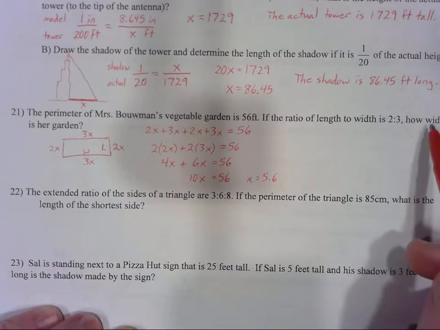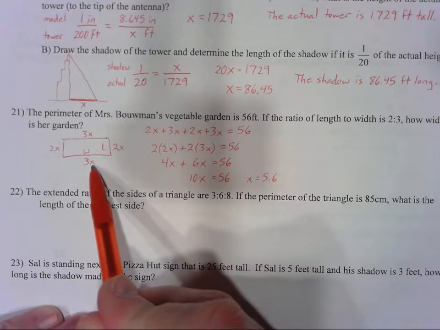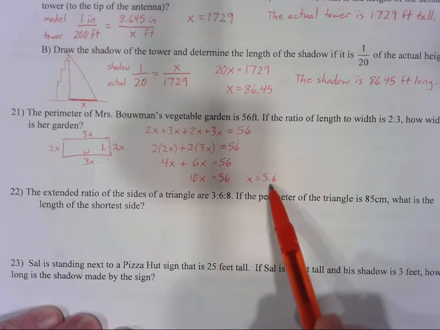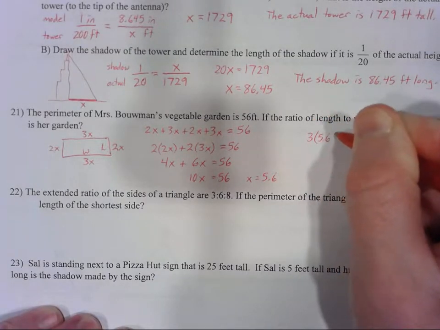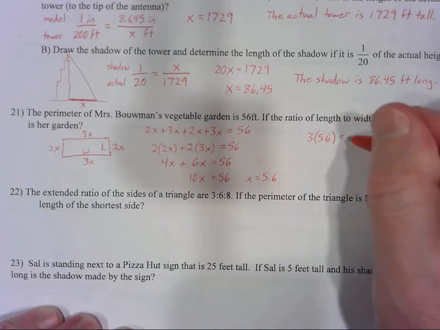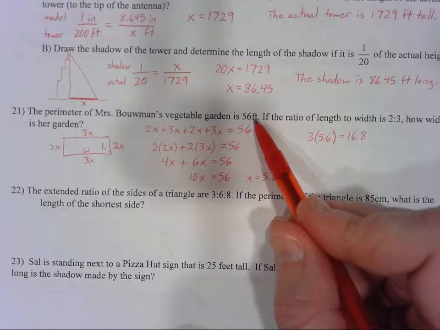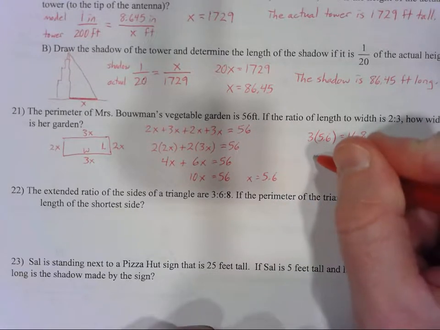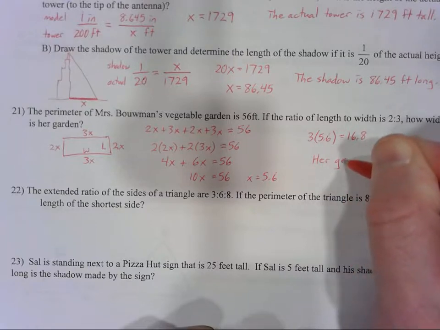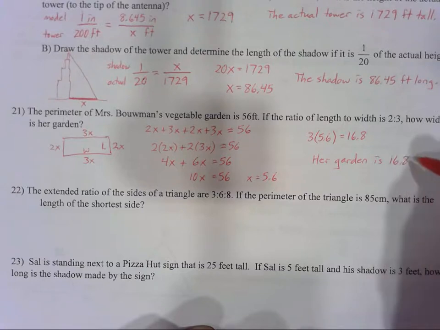So how wide is her garden? Well, the width is 3 times x, and we just found x is 5.6. So I want to take 3 times 5.6 to get 16.8. The perimeter's in feet, so this is in feet. How wide is her garden? Her garden is 16.8 feet wide.